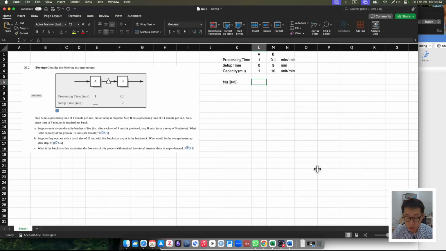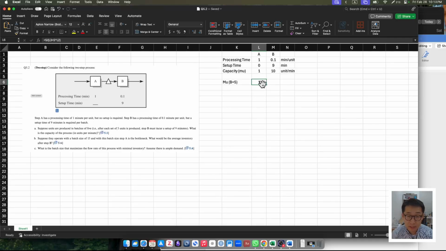If you recall, mu is going to be 5 divided by setup time plus number of units, which is batch size, multiplied by the processing time. So for A, we got 1 here.